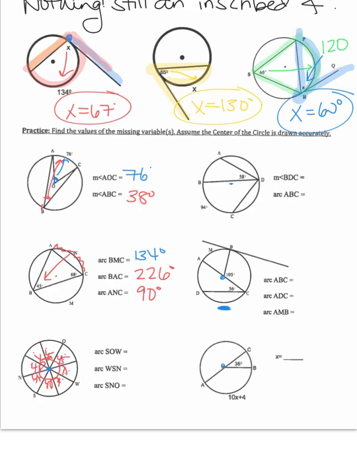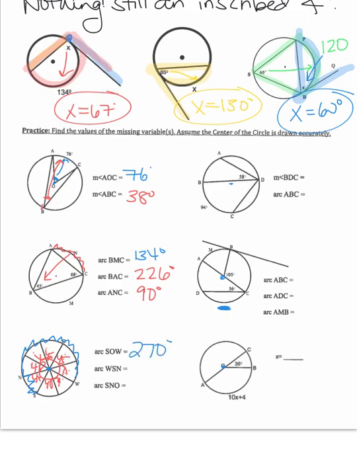So now it wants to find SOW, so change my color here. S to O to W, that's all of them except for 90, so I can do 360 minus 90. I'm going to get 270.